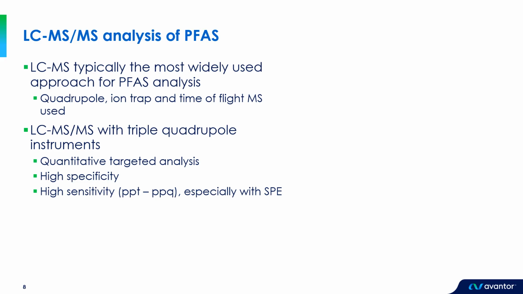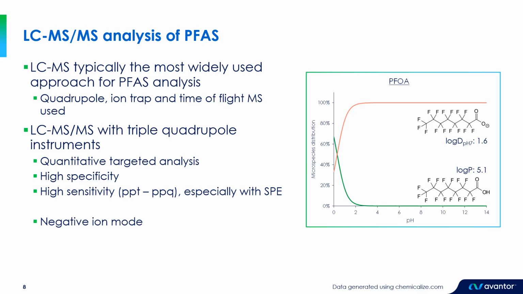Now, before developing any LC-MS methods, and this isn't just limited to PFAS, we highly recommend assessing the physicochemical properties of our target analytes, as this can very much guide the method development process and helps us to define key parameters for the method. If we begin by considering PFOA, here we have a plot of the distribution of the neutral and the negatively charged deprotonated species as a function of pH.